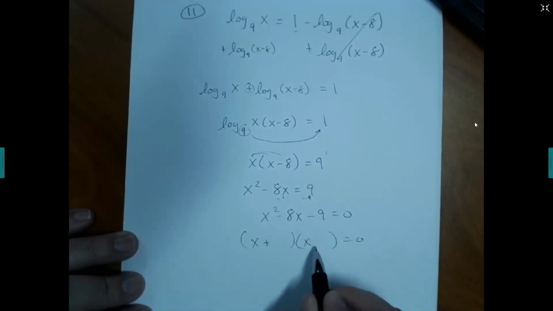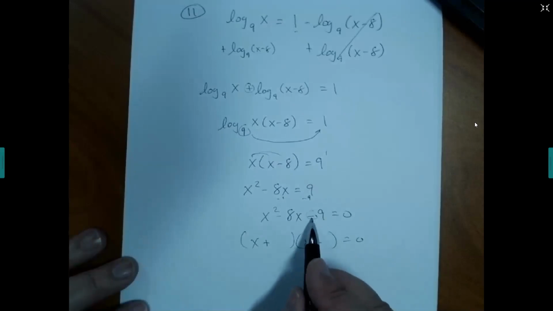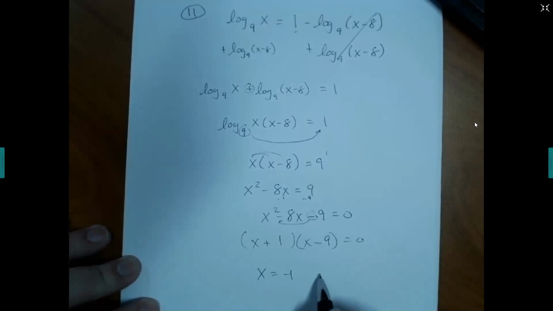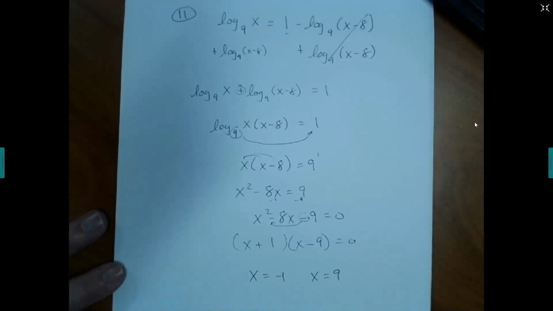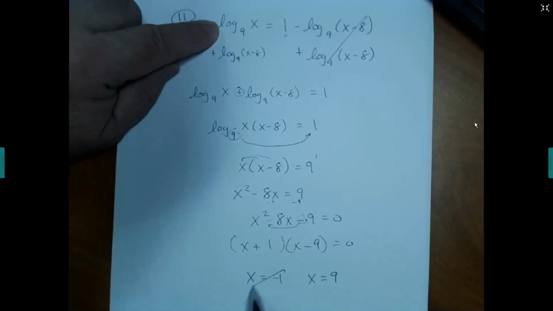X plus and minus because it's negative. What times what is 9? When you subtract them, you get 8. And 9 gets the negative. So our answers are -1 and 9. And since we have this log base 9 of x, we cannot have a negative.